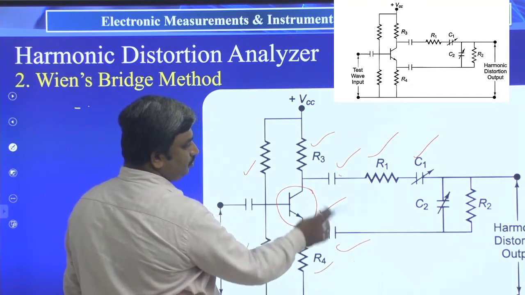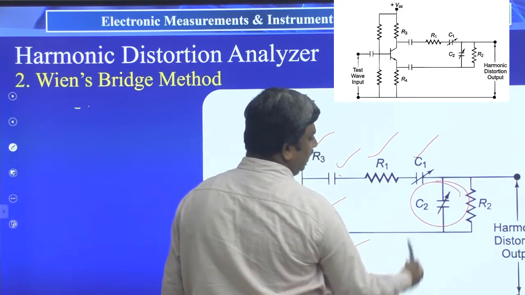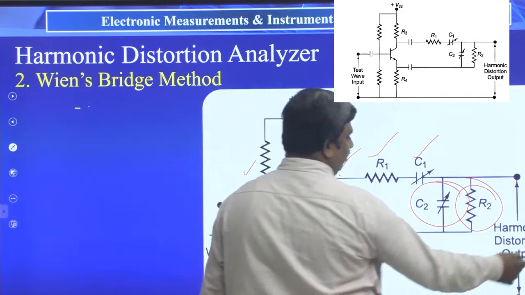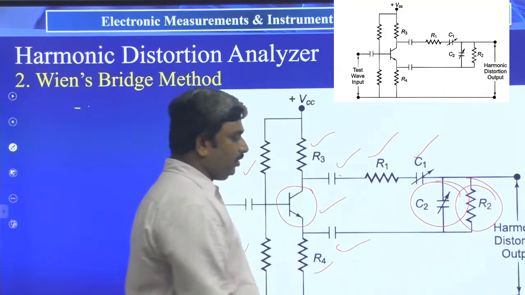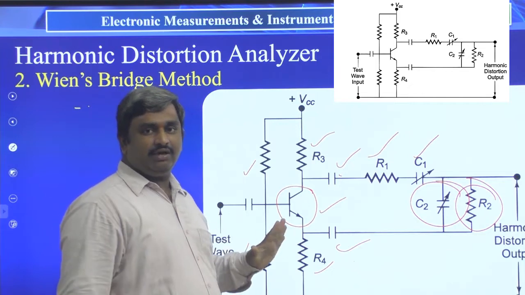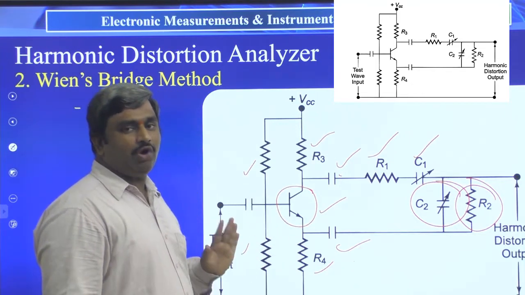In between these two terminals we have connected a variable capacitor C2 and resistance R2, and finally here we are measuring the harmonic distortion output. So, this is the analyzer based on the Wien bridge operation.